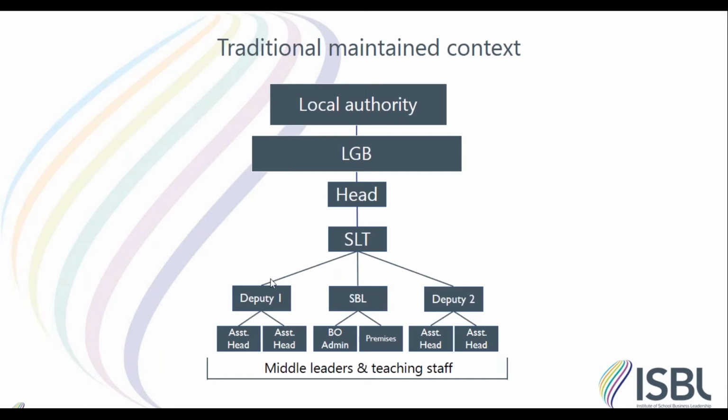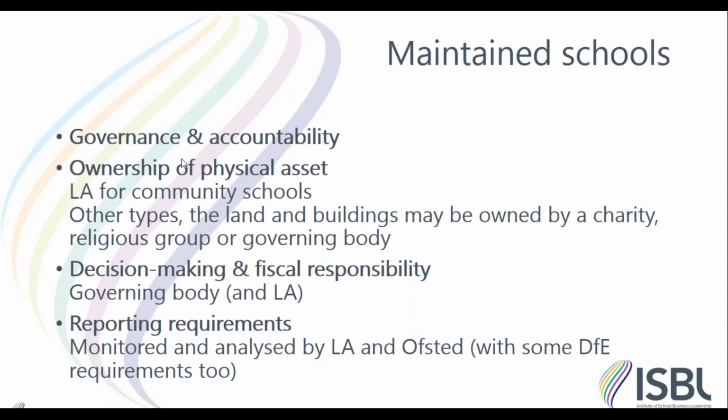In terms of governance and accountability in maintained schools, first looking at the ownership of the physical asset. Well, for community schools, it's the local authority. For other types of maintained school, the land and buildings may be owned by a charity, religious group, or indeed by the governing body.